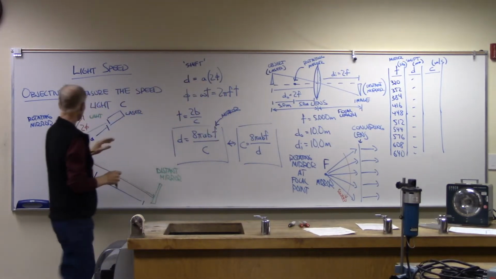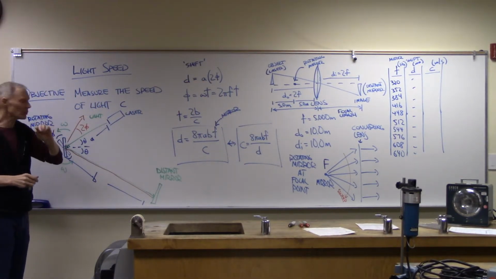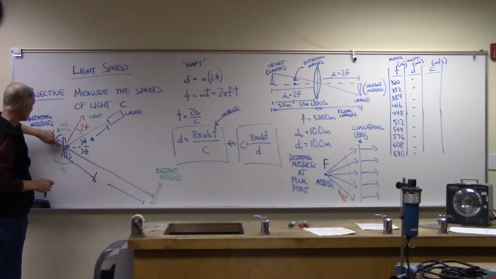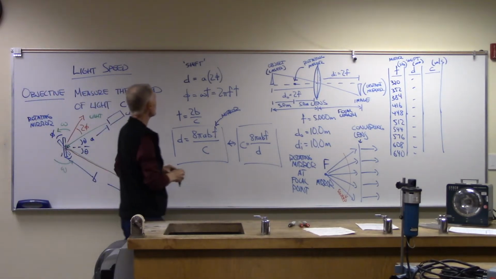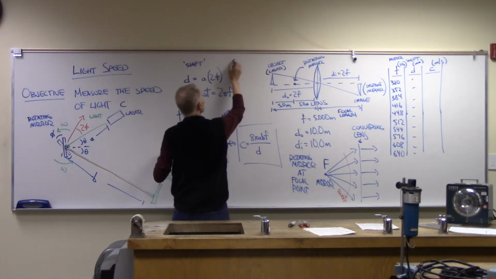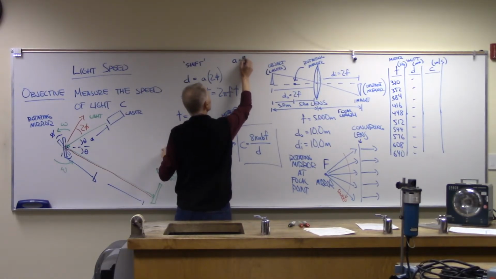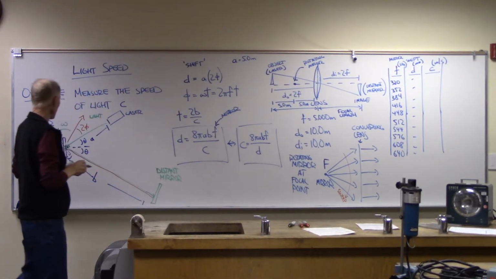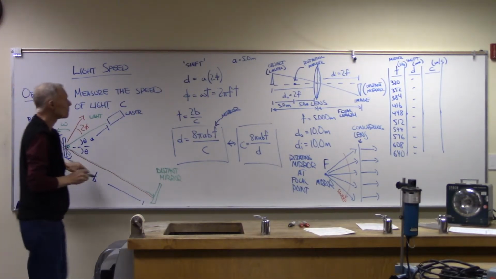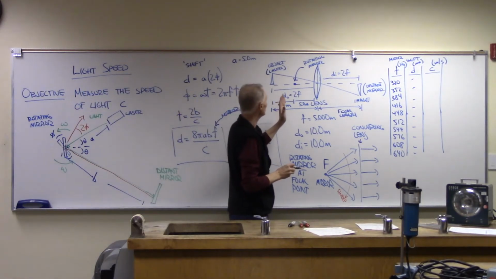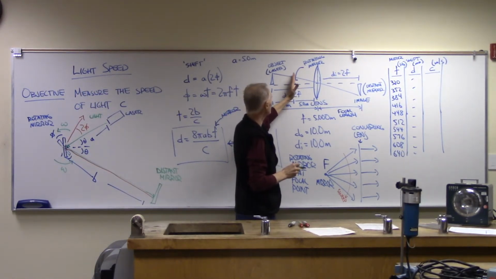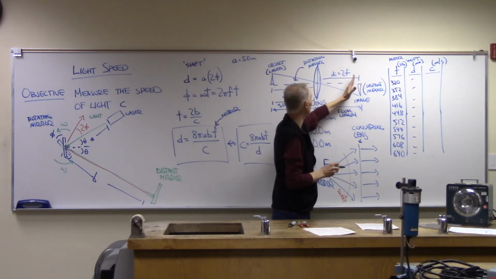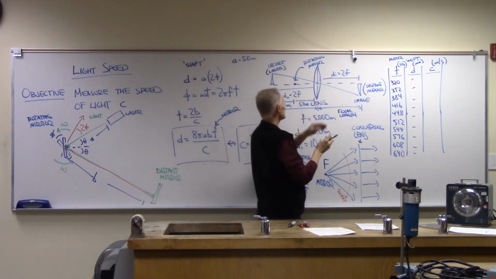Now on the diagram, we identified two different distances. Distance A is from the laser to the rotating mirror. So distance A, it turns out, needs to be 5 meters. And distance B is from the rotating mirror through the lens all the way to the distant mirror.